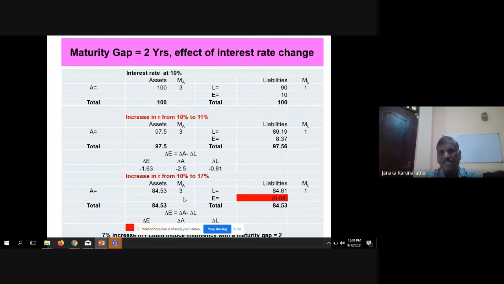So if you look at the maturity gap, what is the original maturity gap?